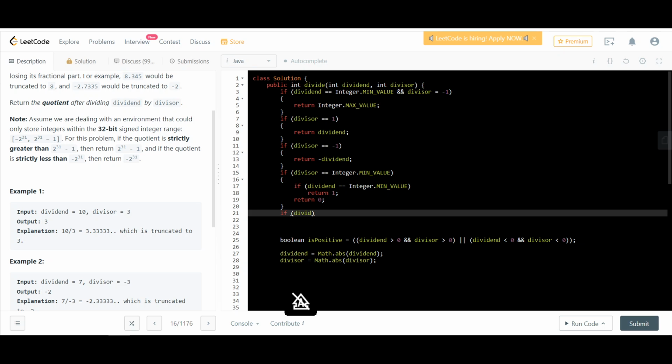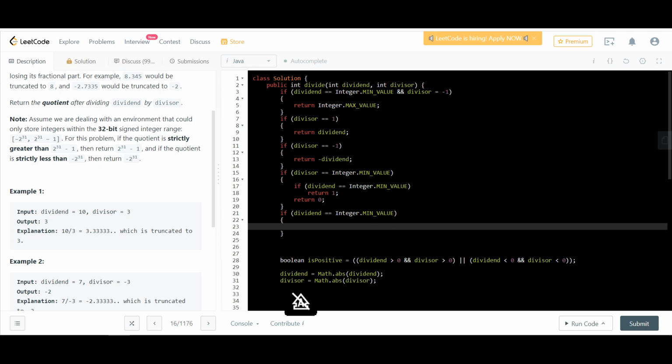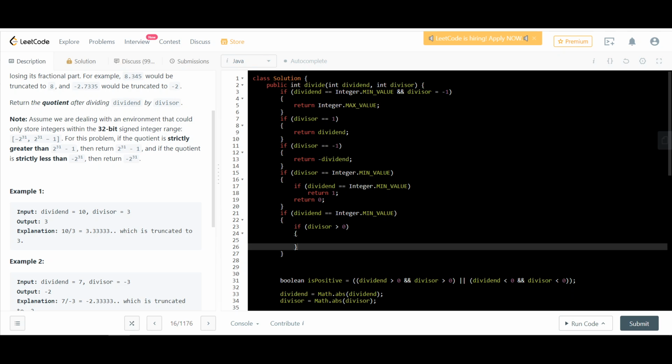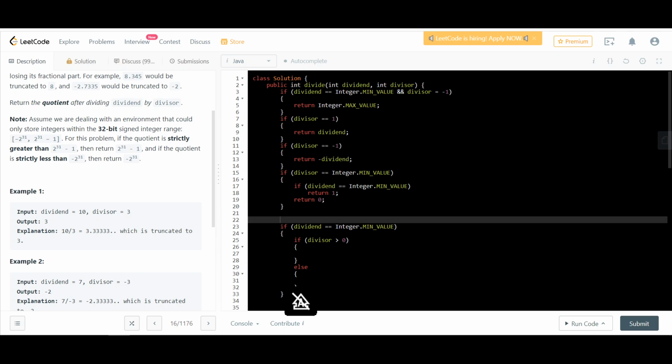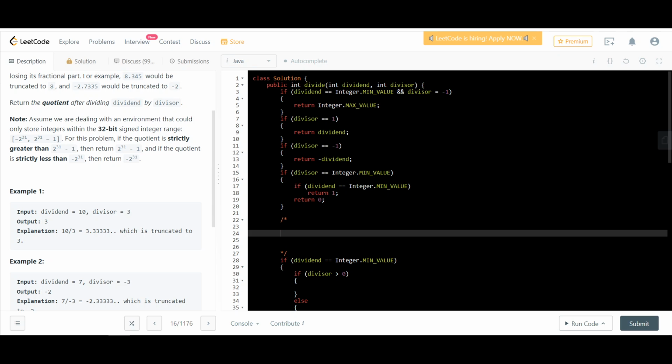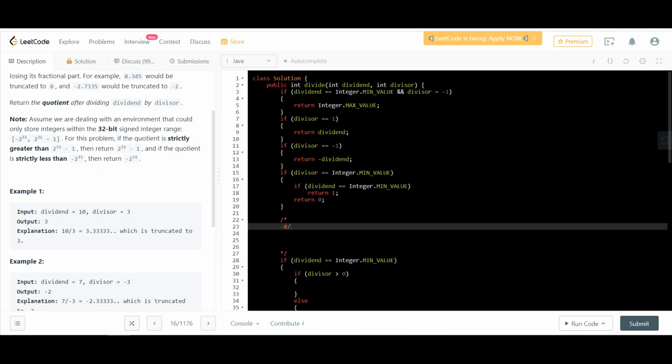So if our dividend is equal to that one value, then there are two cases. Divisor could be greater or divisor can be smaller. So let's think of, let's say, when we're doing minus 8 by 3.